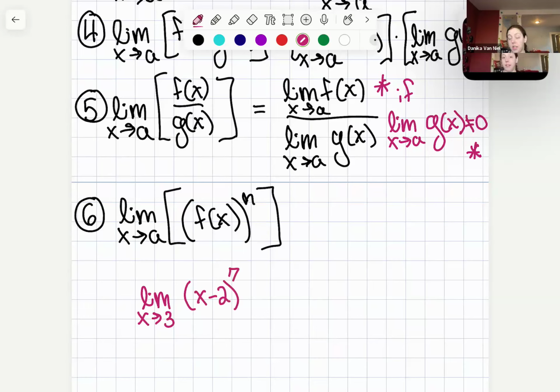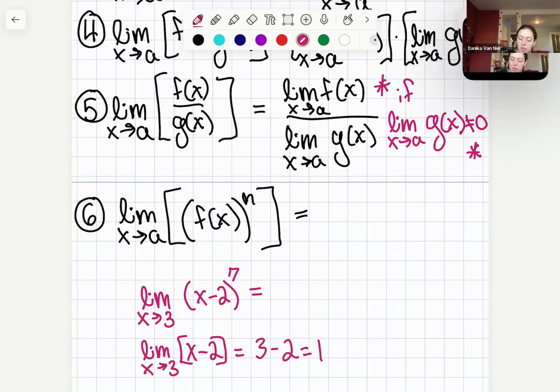I do not want to factor that, right? That sounds like a nightmare. But because the limit of the inside exists, and I would show that, I would say something like limit as x approaches 3 of x minus 2 is 3 minus 2, which is 1.